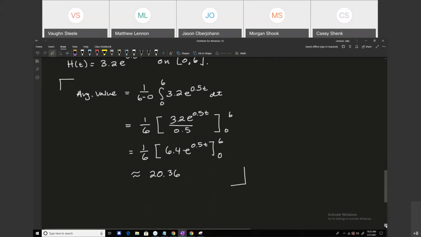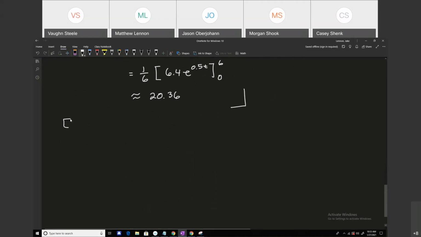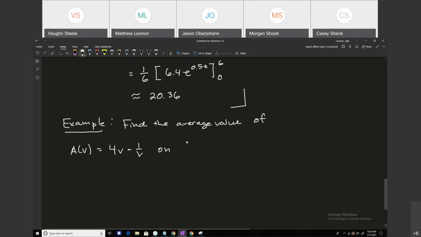All right, so let's do the last one, number 32. Let's say example. Find the average value of A of V equals 4V minus 1 over V on 1 to 5.